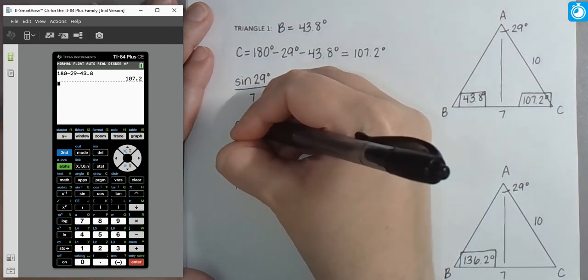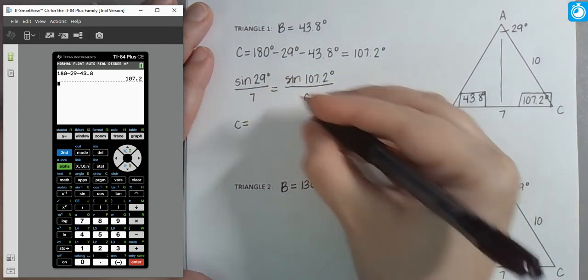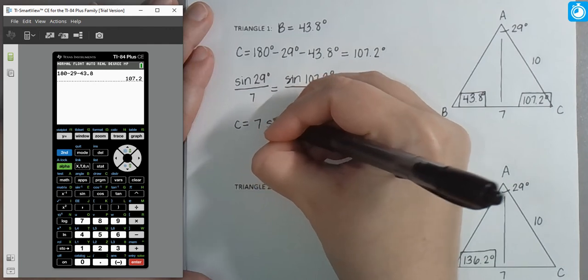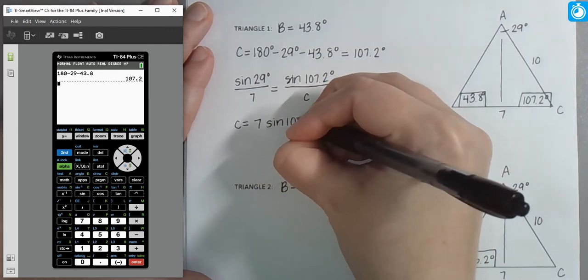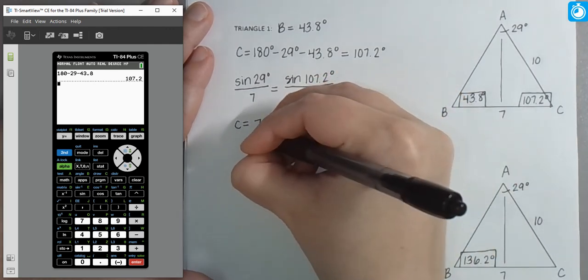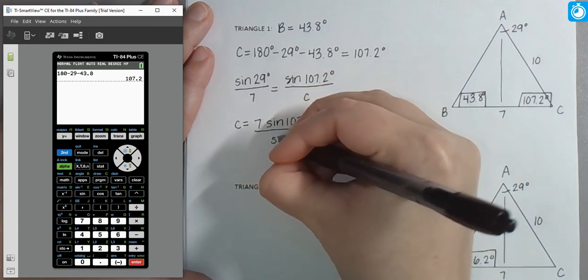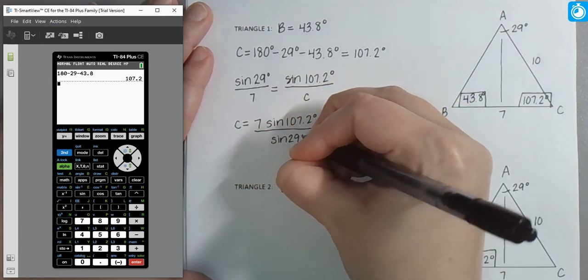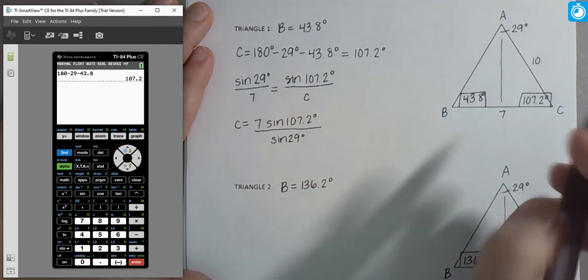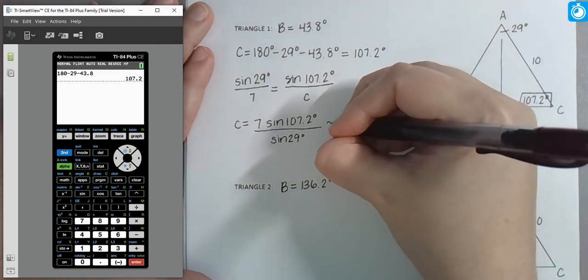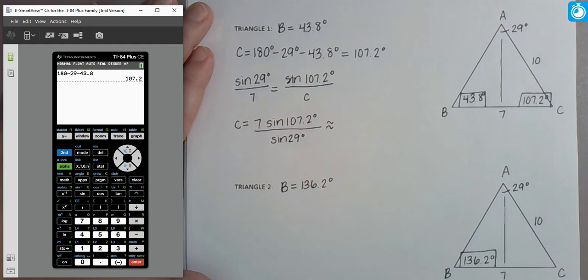So isolating C, we get that C is equal to 7 times the sine of 107.2 degrees, all of that divided by the sine of 29 degrees. And this should be the largest side. It should be larger than 10 when we evaluate that. So 7 times the sine of 107.2 degrees divided by the sine of 29 degrees.